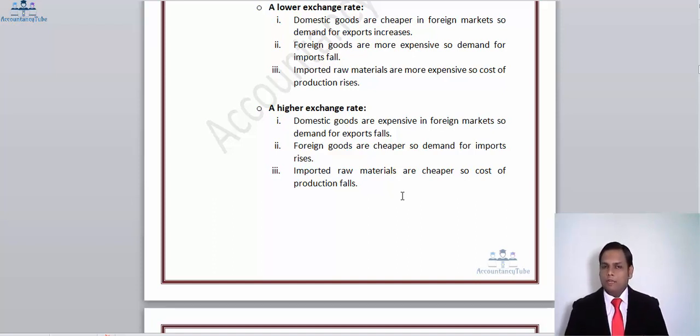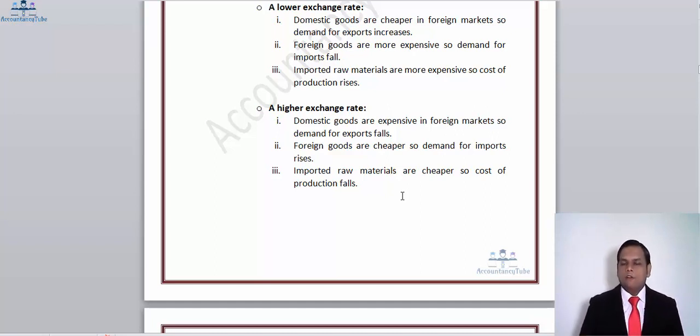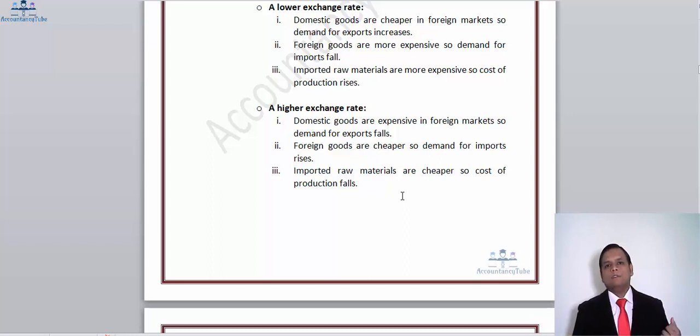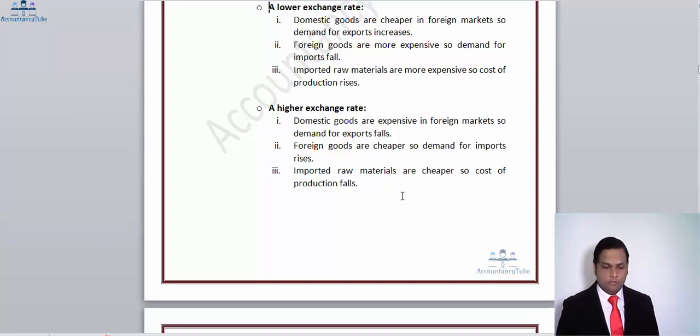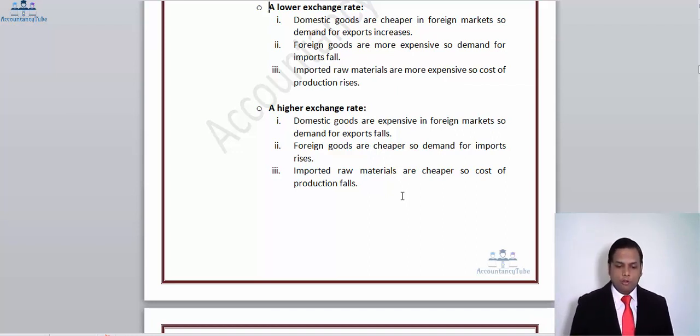Because of the lower rate of our domestic currency, our goods are cheaper in the foreign market, and that's why people will try to export as much as they can to gain the benefit. And the importers from across the world will also try to benefit from this by giving the contracts to the domestic producers. After that, foreign goods are more expensive, so demand for import falls.